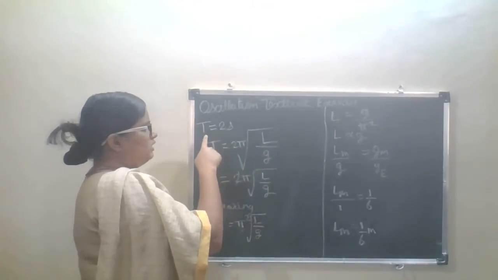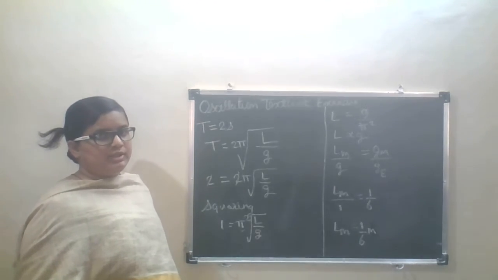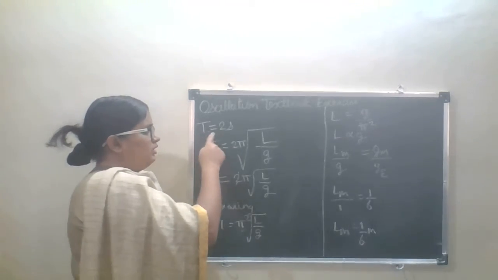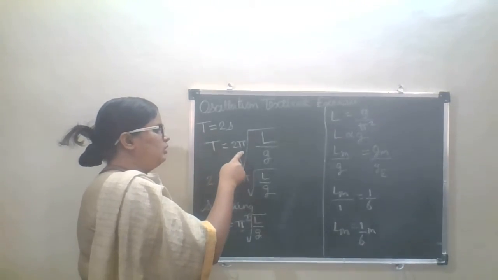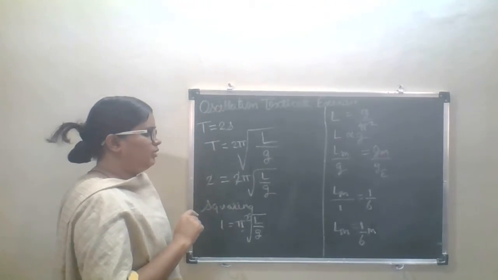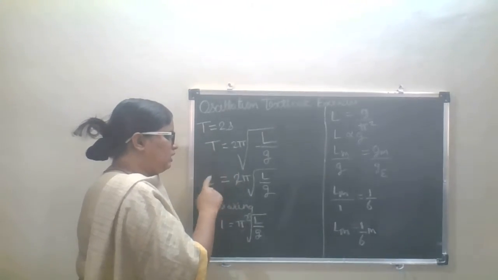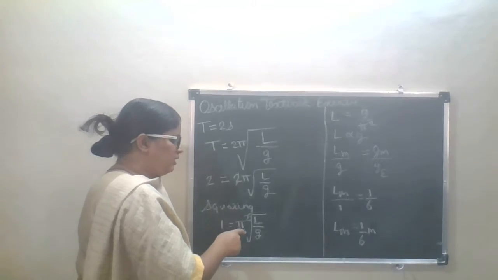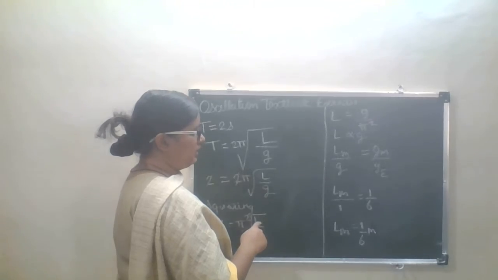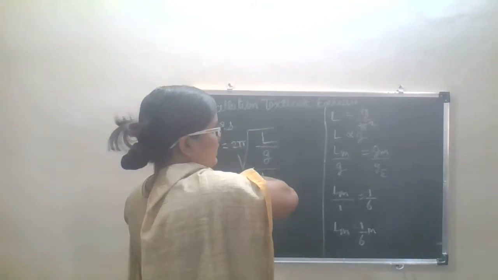This is for the second pendulum. We know the time period for the second pendulum is 2 s. So T is equal to 2 pi under root L upon g. This is the formula for the time period of the pendulum, and substituting this T value here as 2, this 2 gets cancelled out. Then squaring, this will be cancelled out after squaring, and L is equal to g upon pi square, and L is directly proportional to g.